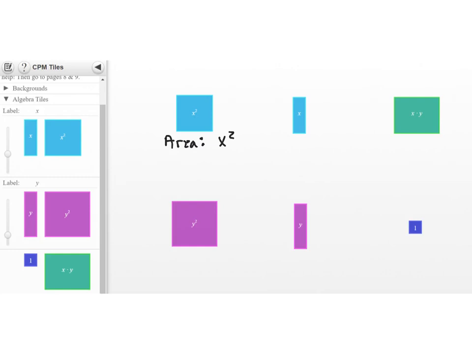Now the reason it's x squared is because, one, it's a square and the side lengths of the square are all x. And as we know, when I calculate the area of a rectangle, I can multiply the base times the height to get the area. In this case, x times x gives me x squared.